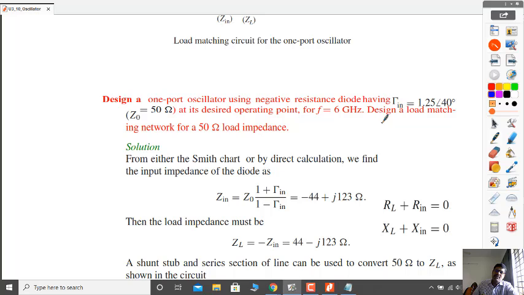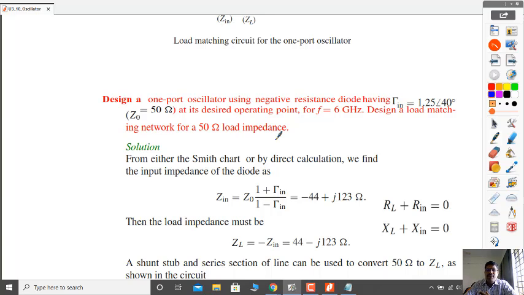The diode has gamma in equals 1.25 angle 40 degrees. The characteristic impedance Z0 equals 50 ohm at its desired operating point, for f equals 6 gigahertz. Design a load matching network for a 50 ohm load impedance. So this is the design problem.